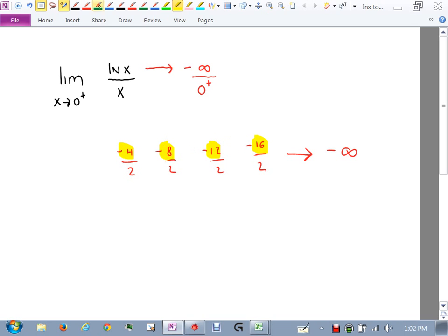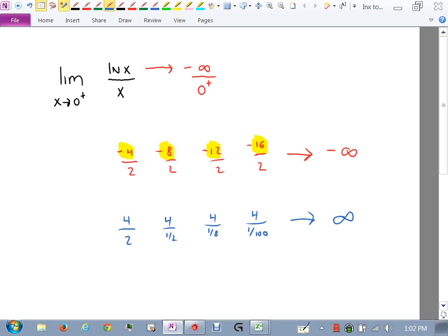Now, separate idea. If I have a fraction and the bottom starts to get smaller, where does that go? That goes to infinity, right? Because these fractions start up as 2, right? This one, 4 divided by half is 8, right? This is 32.